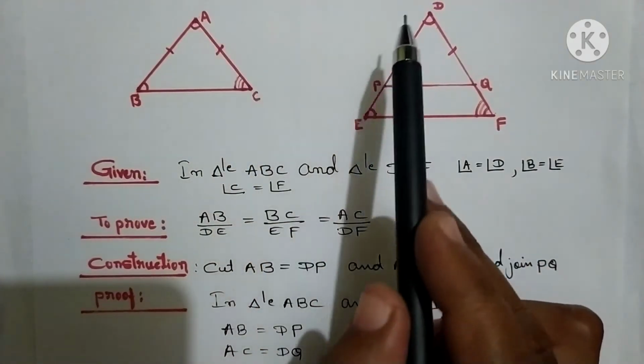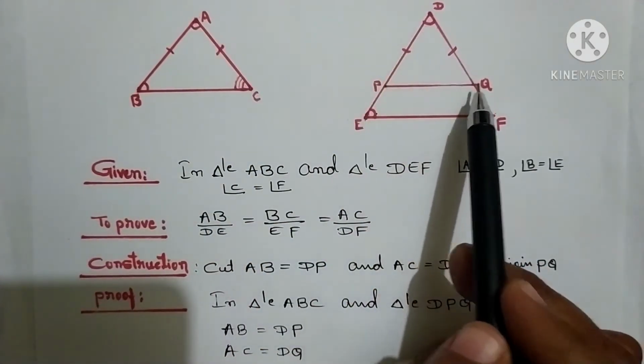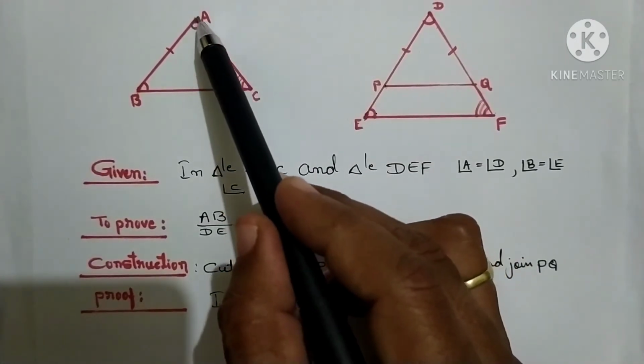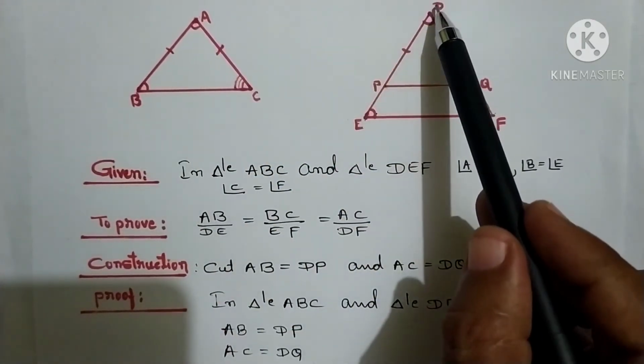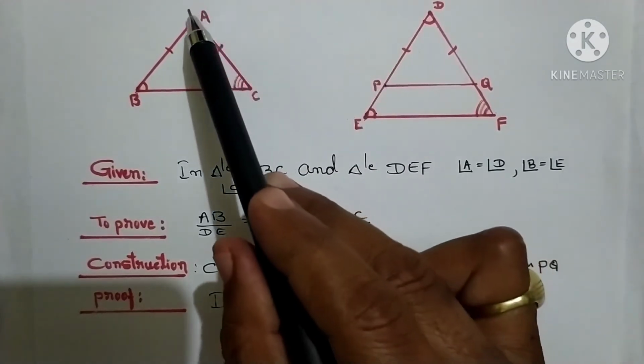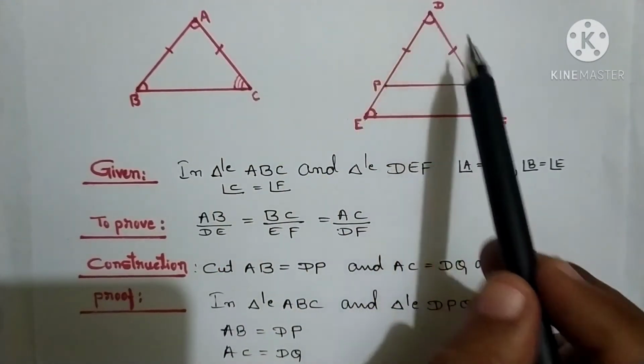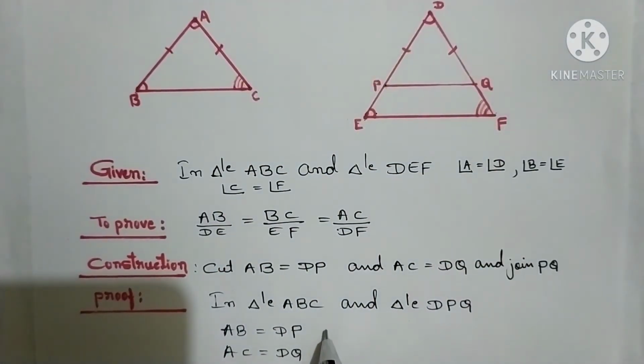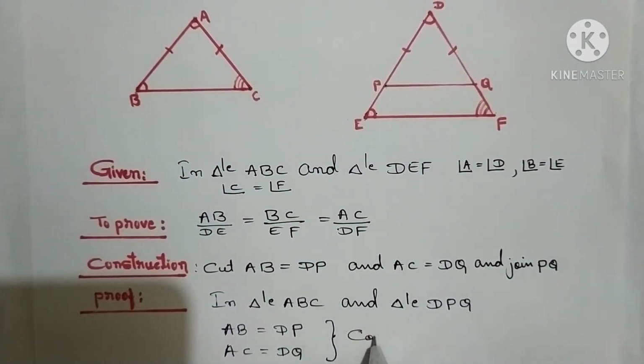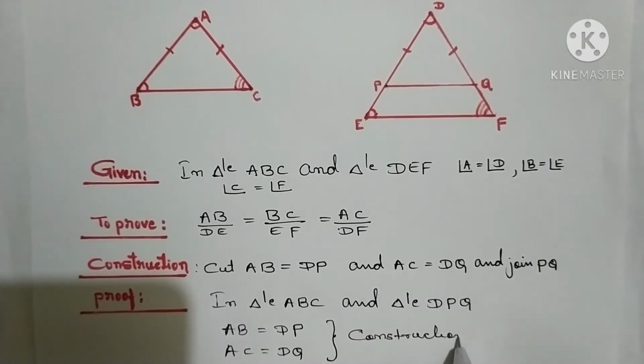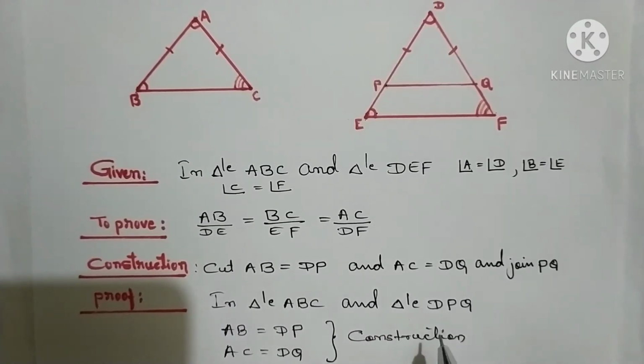First points we took here, AB is equal to DP and AC is equal to DQ. This is by construction.